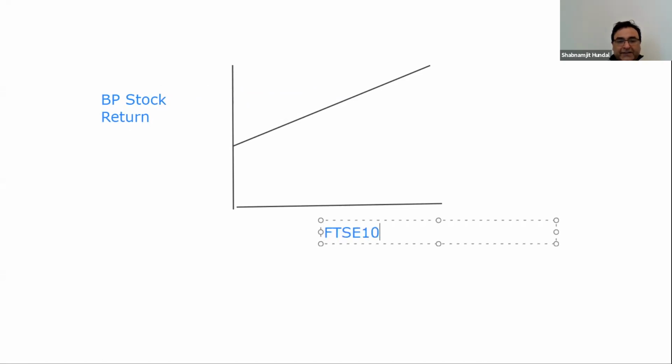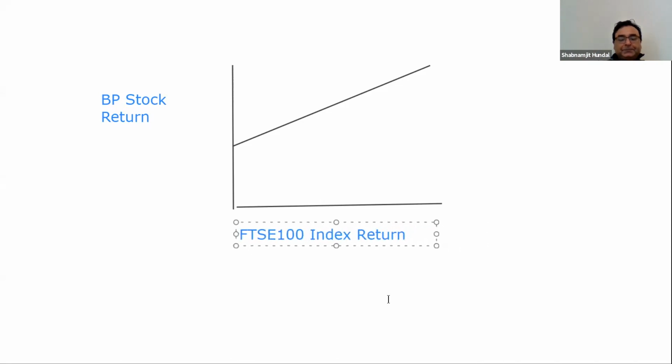The FTSE 100 is the index of the biggest 100 companies in Great Britain listed on the London Stock Exchange. So this is the FTSE index return. Then I can see the linear relationship here.